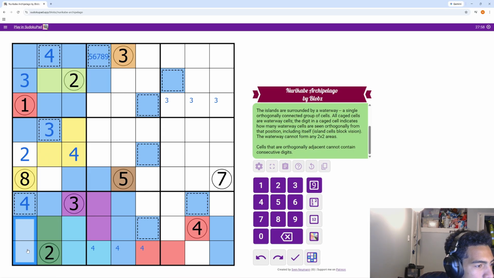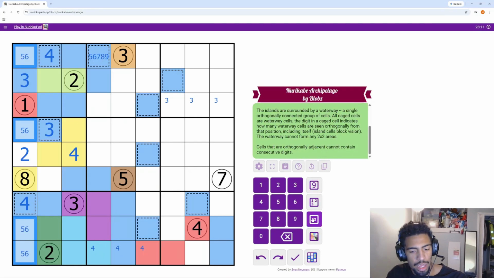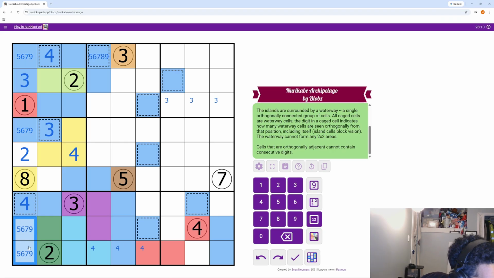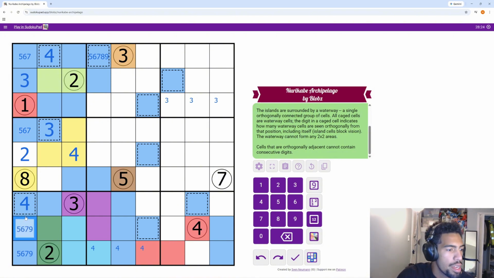I want to look at these 2 digits though because my missing digits are 5, 6, 7, and 9. So I know that the 9 has to be down here because if I put the 9 here, then these digits are going to be consecutive. So I can take 9 out of here and here, and I can take 5 out of here.